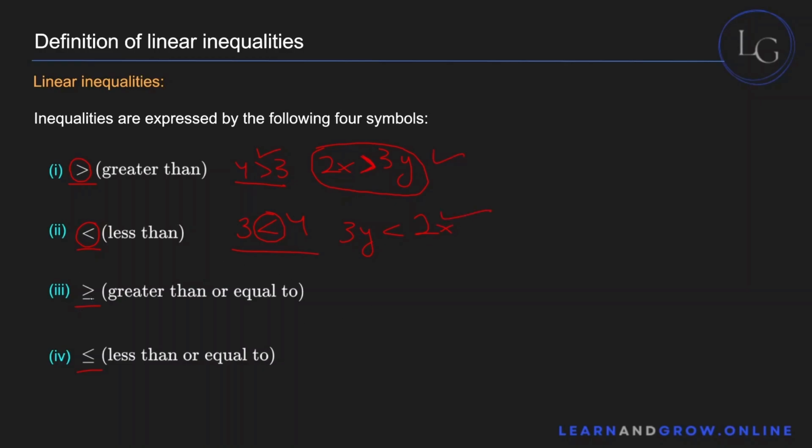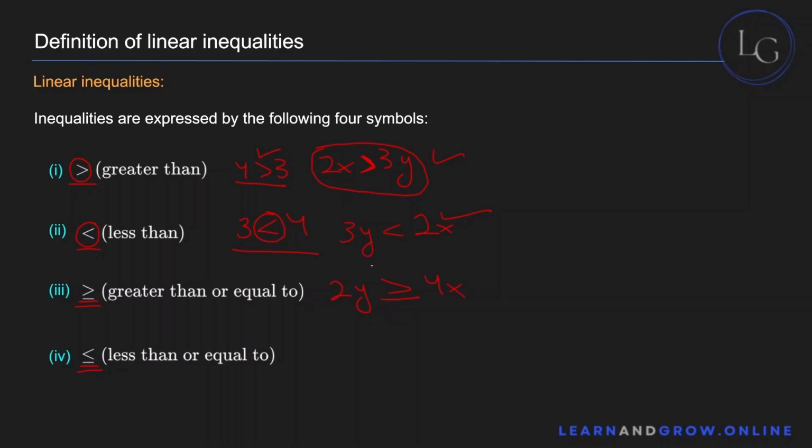Now, if you apply this little addition, this line underneath the symbols, that would mean equal to. So for example, let's just say 2y is greater than or equal to 4x. Let's just take this as an example.